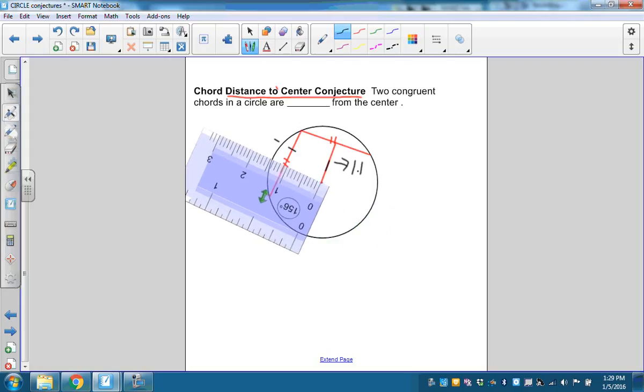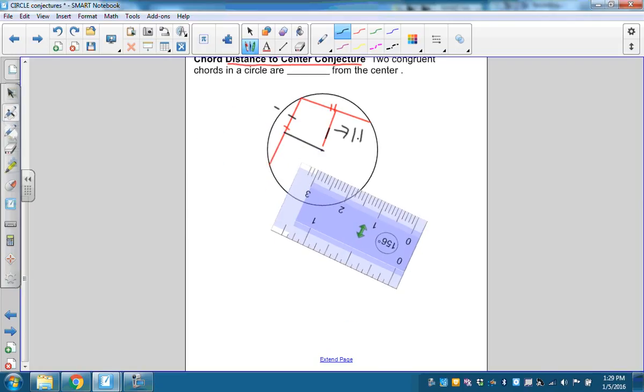That's also 1.1 units going along this line here. Whoops. Let's erase that. There we go. A little bit messy there. But in this picture, this is also 1.1 units.